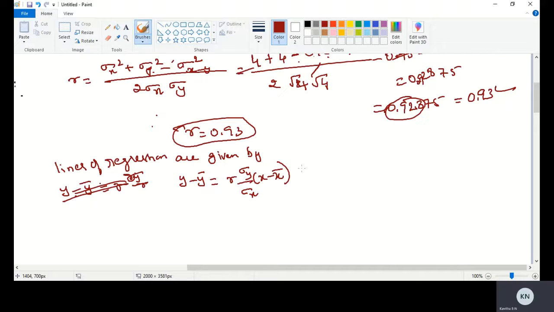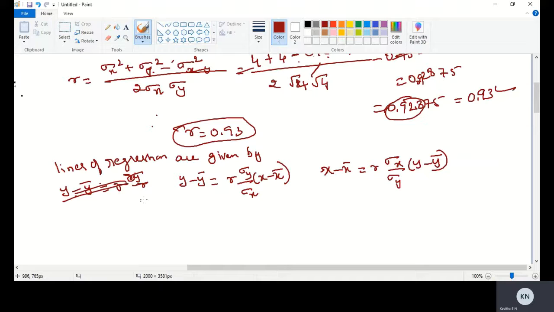And similarly one more regression line, x minus x bar is equal to r into sigma x by sigma y into y minus y bar.